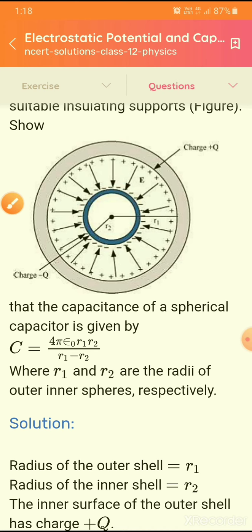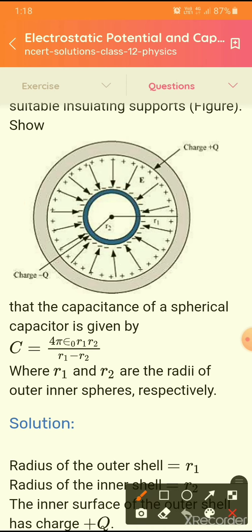See here, R1 is the distance from the center point to this point, and R2 is the distance from the center to this point. R1 and R2 are the radii of the outer and inner spheres respectively.